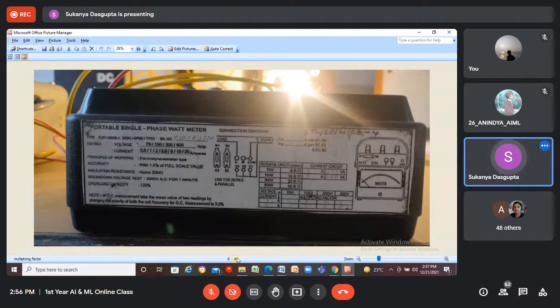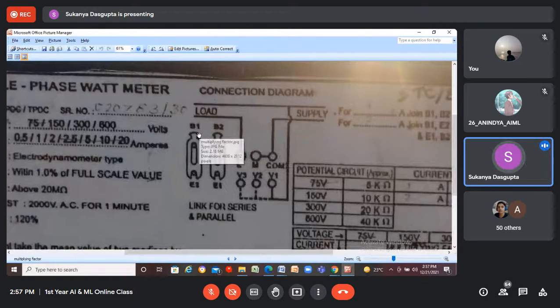Now this is the nameplate of a wattmeter, electrodynamometer type wattmeter. It's a table mounted portable single phase wattmeter. Here, different voltage and current ratings are there, and based on these connections, can you see these four terminals, like B1, E2, E1, B2? These are basically strips.